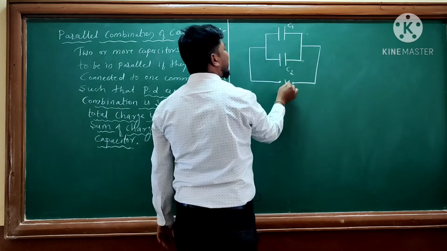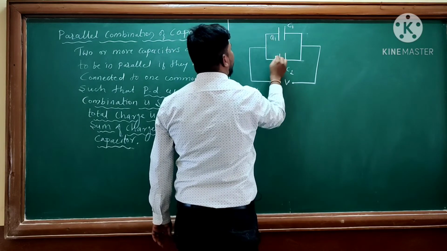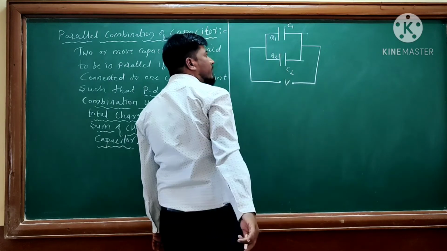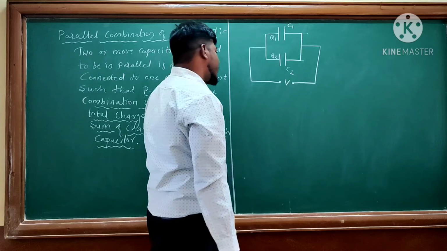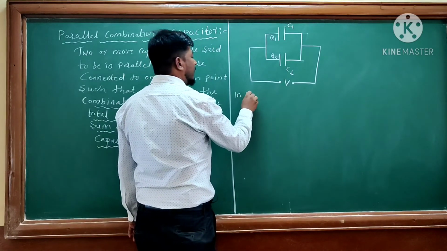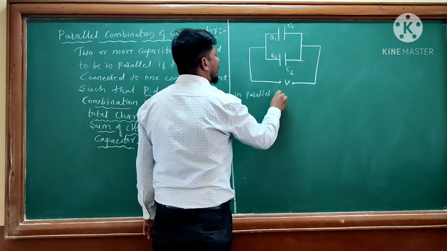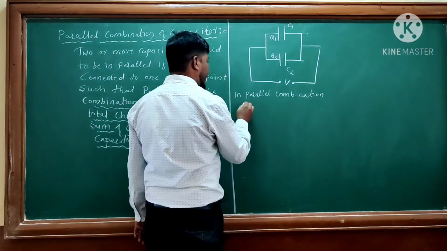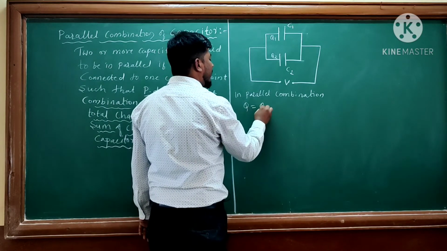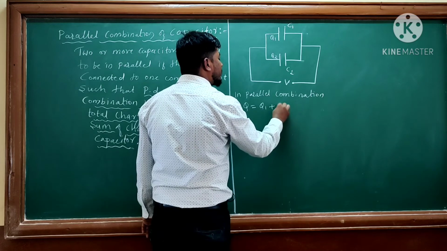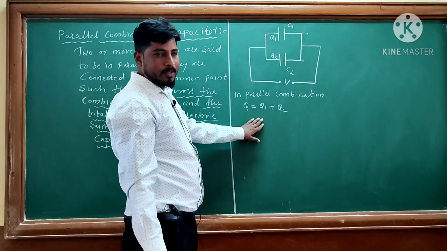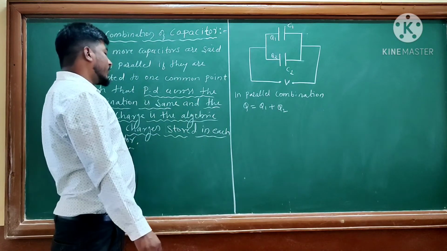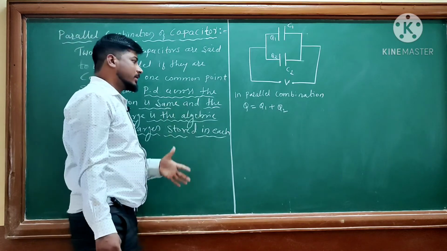So the potential difference across each capacitor is the same, but the charge is different. The charge on capacitor C1 is Q1 and the charge on capacitor C2 is Q2. So in parallel combination, the total charge Q is nothing but Q1 plus Q2, as the definition says: the total charge is the algebraic sum of the charges stored across each capacitor.